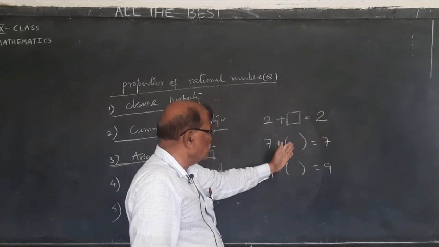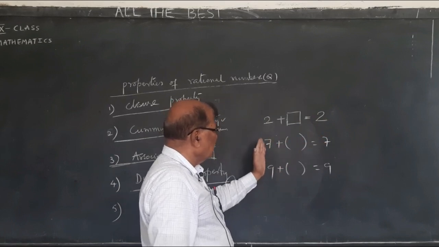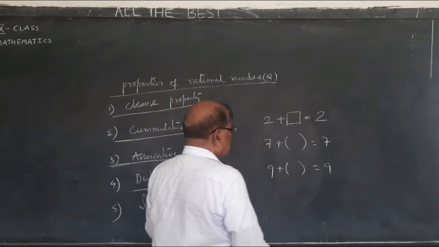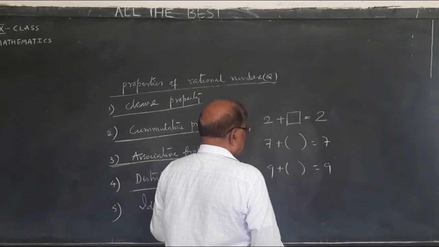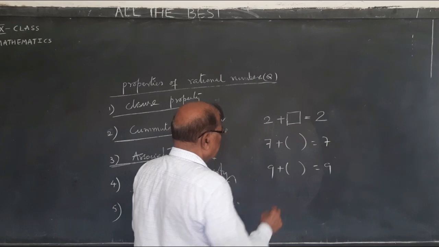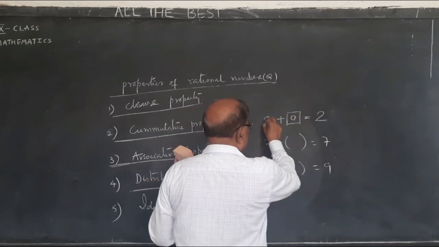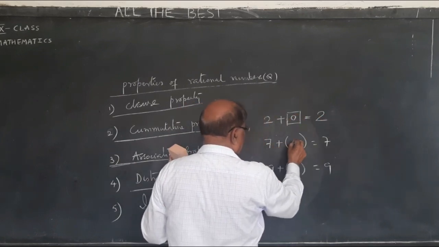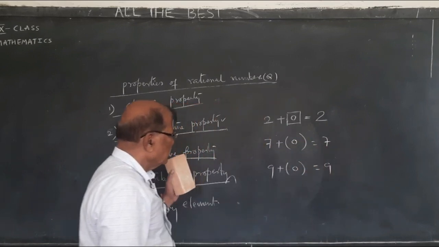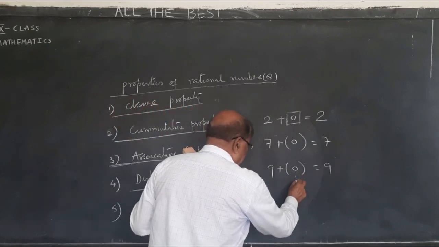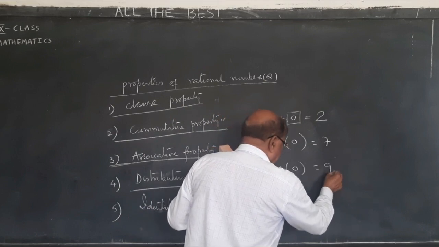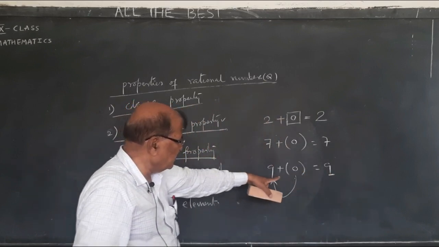If we add 2 to 7, 9 is not equal to 7. So you must select one number: if you add 0, 2 plus 0 is 2, 7 plus 0 is 7, 9 plus 0 is 9. If something is added to any number and the number doesn't change, it is called the identity element in addition.